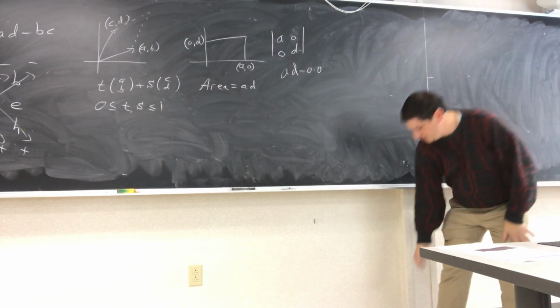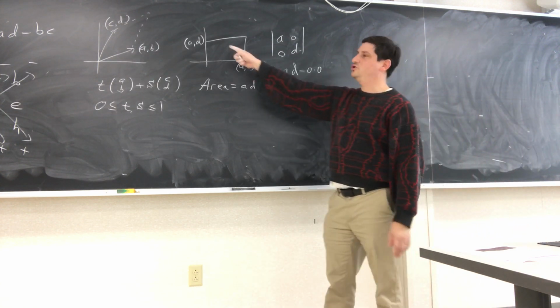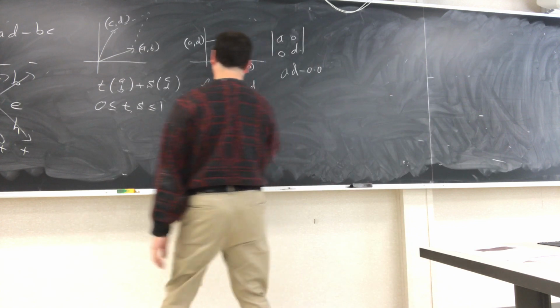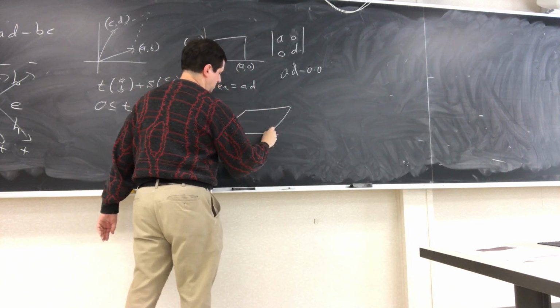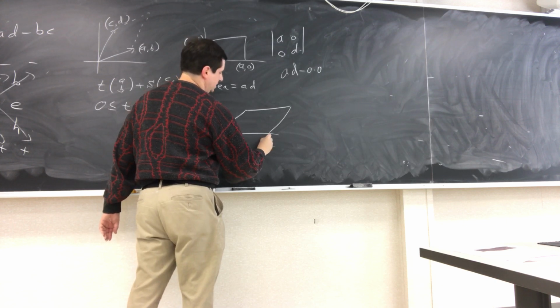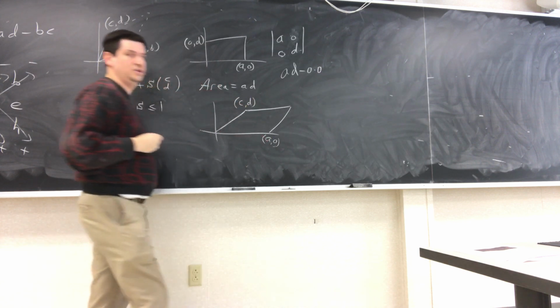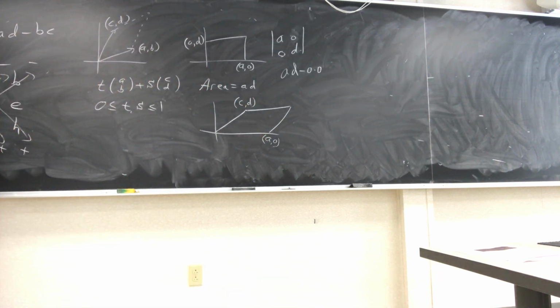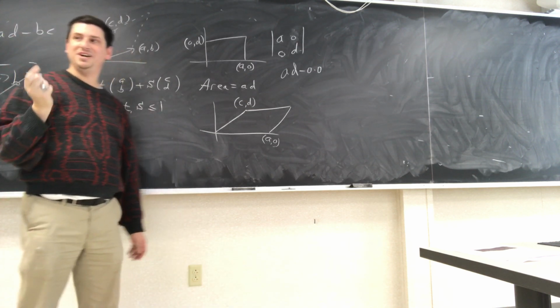We want to consider a more interesting parallelogram now. And what I'm going to do is just shift the top a little bit. So here I'm going to keep it at A0, and I'm going to move it to CD. What is the area of this parallelogram? Base times height.